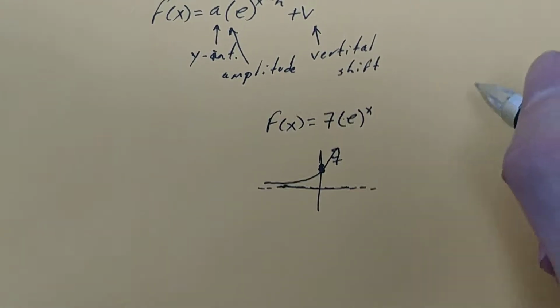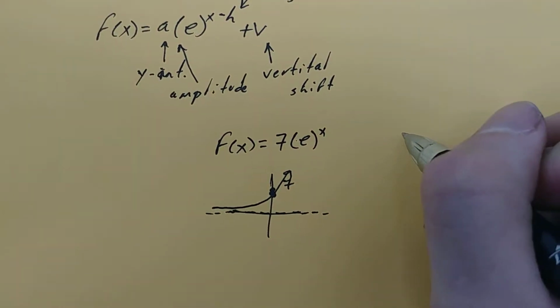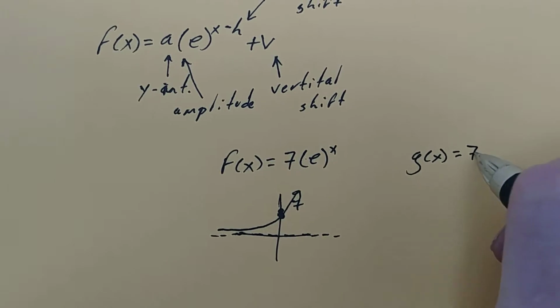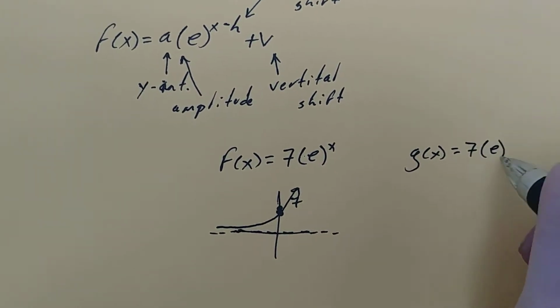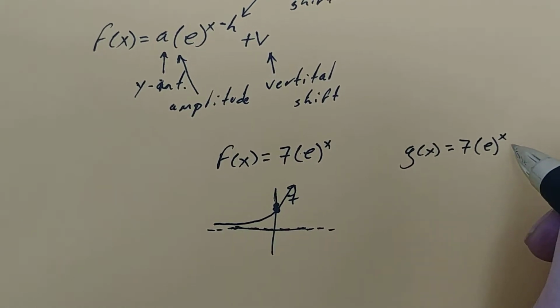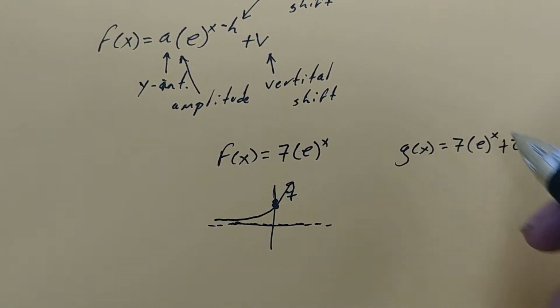All right? Well, let's add another parameter. Let's say g of x is equal to that same 7 times e raised to the x power, and let's shift everything plus 2.